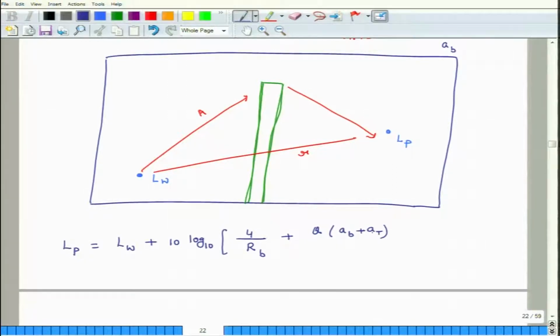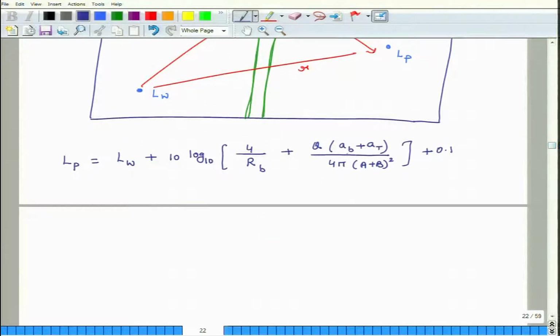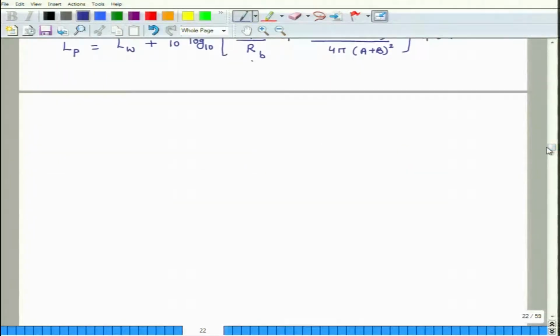If all the sound was getting transmitted or diffracted, then this number will become 1, right, but only a fraction of it is going to the other end, divided by 4 pi times A plus B whole square plus 0.1. The other question is, we know how to calculate AB through the relations which we had discussed earlier, we know how to calculate AT, we know what is A and B, how do we calculate the revised room constant? So, the answer to that is simple.